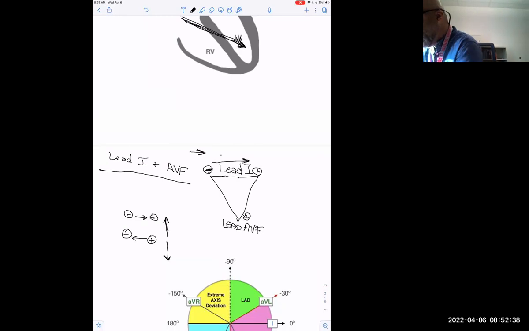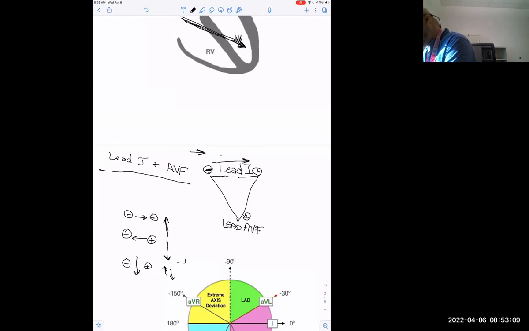And then if you have an impulse, finally, that moves perpendicular to a negative and positive lead, you are going to get this equiphasic vector on an EKG.